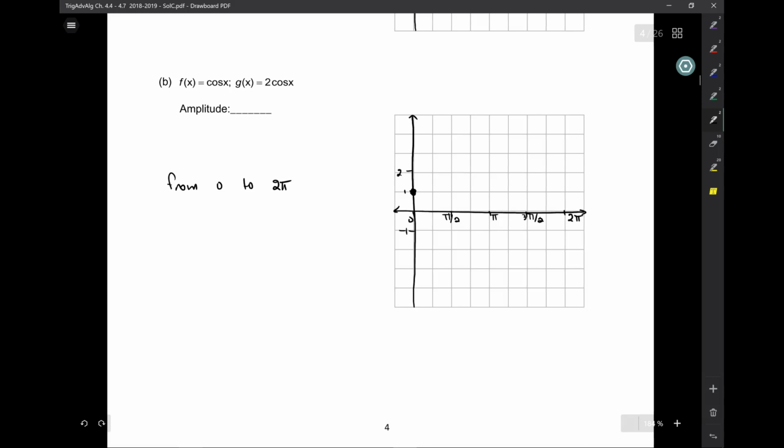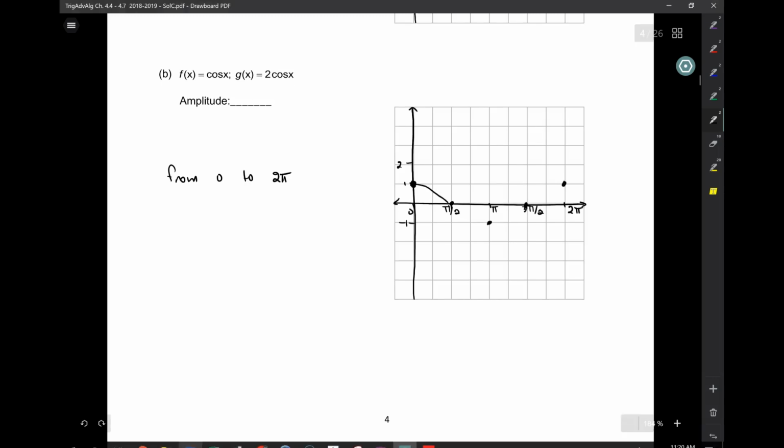And then again, we're going to oscillate between maximum, 0, minimum. So I'm not going to go any higher from that. If I do that, then I'm going away from where I need to be. Go back to 0, minimum, 0, maximum. Okay, what that looks like is this.